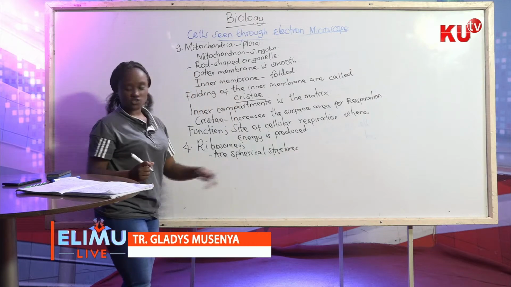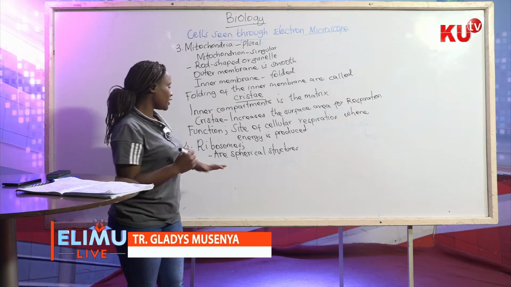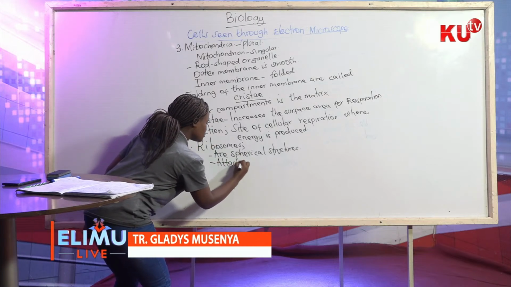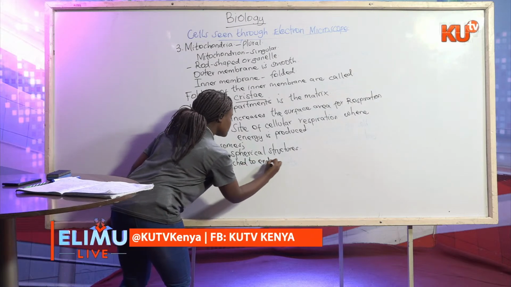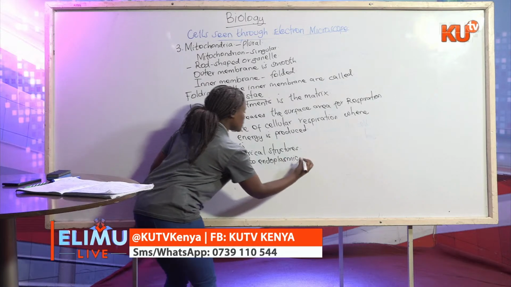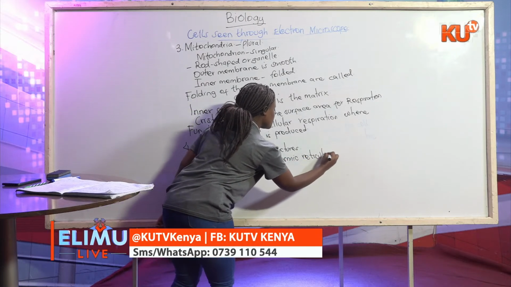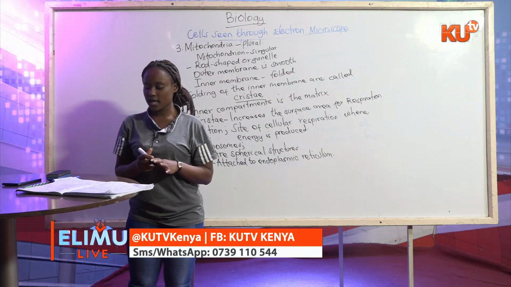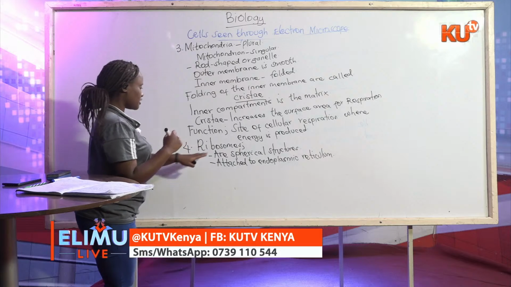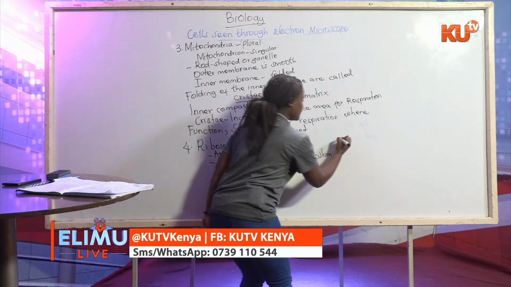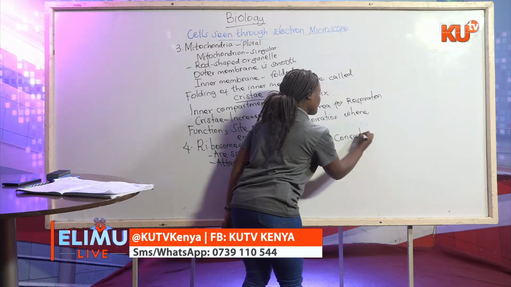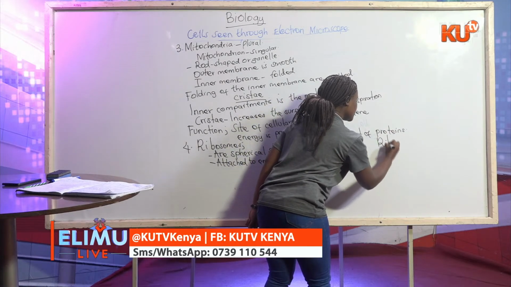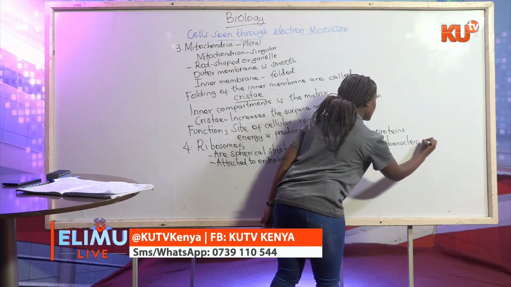Ribosomes are spherical structures. They are attached to endoplasmic reticulum, and they consist of proteins and ribonucleic acid.